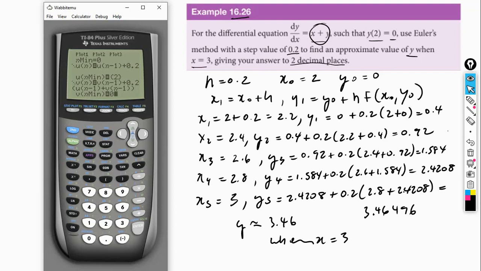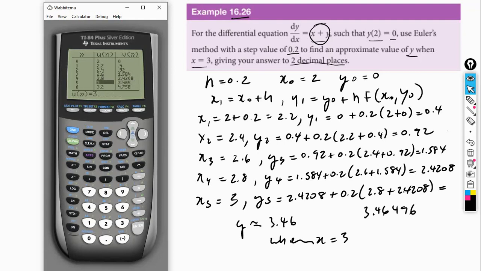And now we go to second, and above the graph button, which says table, we click on that. And notice that we get a table. And notice that for the fifth iteration, we have x equals 3. In this case, u of n equals 3, right? And notice that the approximation is the same, 3.465.